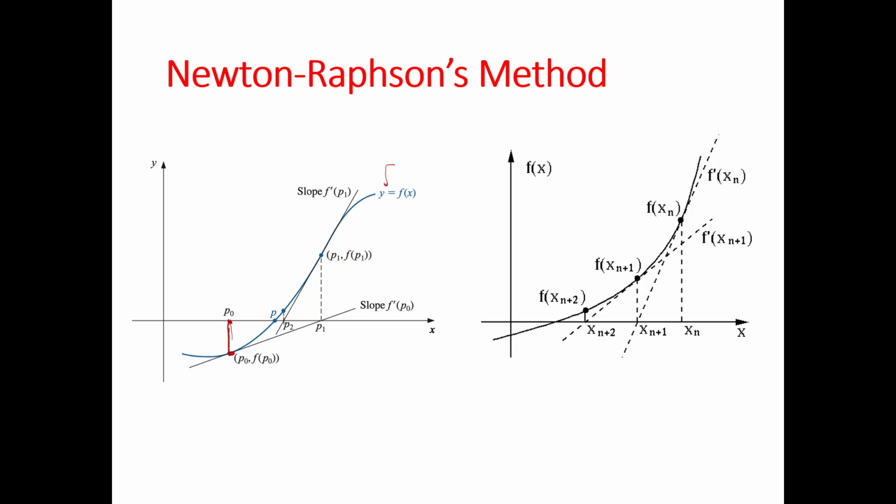We evaluate that function, draw a tangent, and it gives me the solution, P1. So this is my initial assumption, and this is the calculated value. And this is the actual root, or the actual solution, that I'm trying to find.